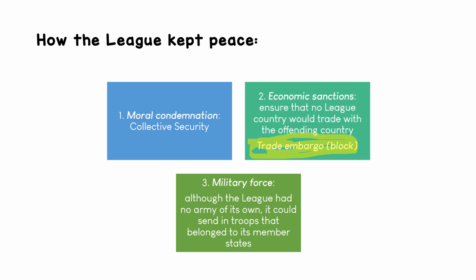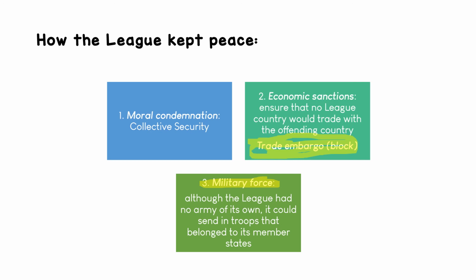This way, by hurting the offending country's economy, they hoped that the country would stop whatever act of aggression it had started. And if that didn't work, finally the League could resort to military force. Now, the League did not have an army of its own, and so it had to depend on troops that would be sent by its member states.